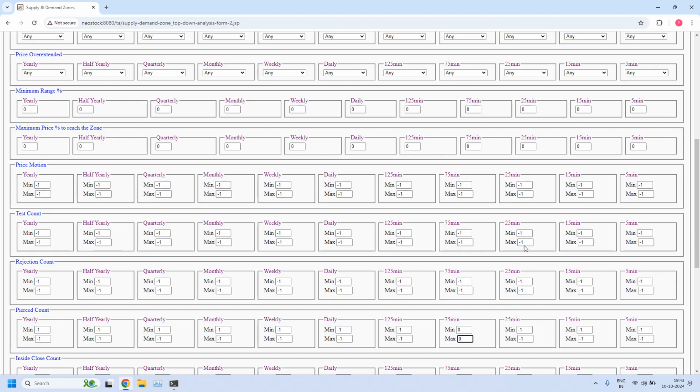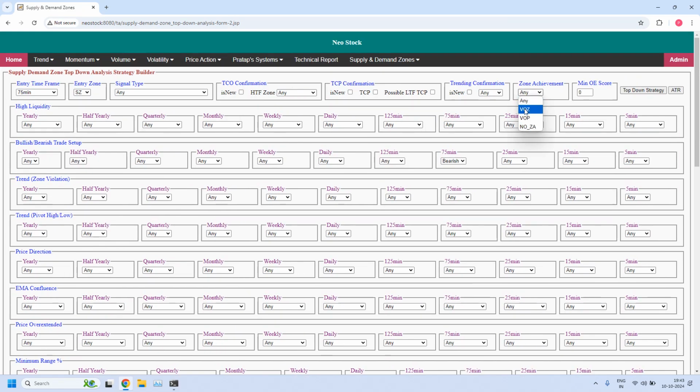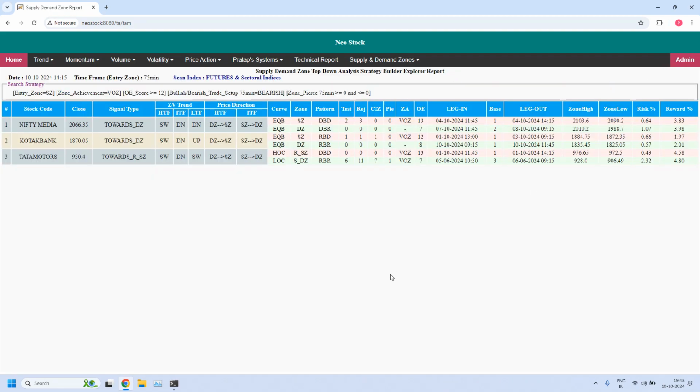That means the zone is not pierced. Zone achievement violated opposing zone, minimum order enhanced score 12. And all the 3 filters are applied to 75 minute supply zone. We got only 3 stocks. Let's verify out of these 3 how many are having ITF confluence.